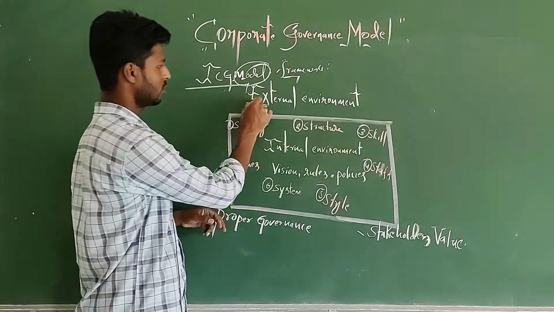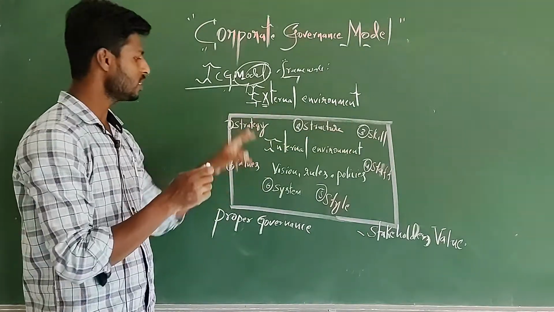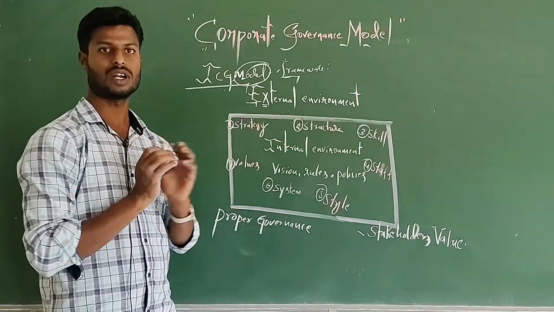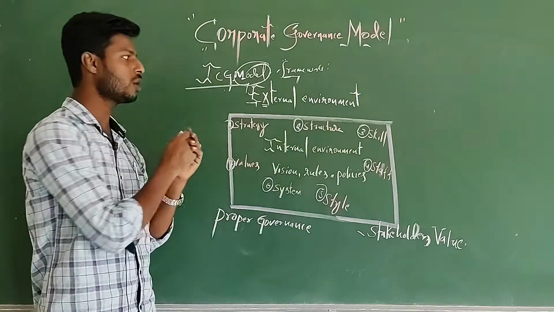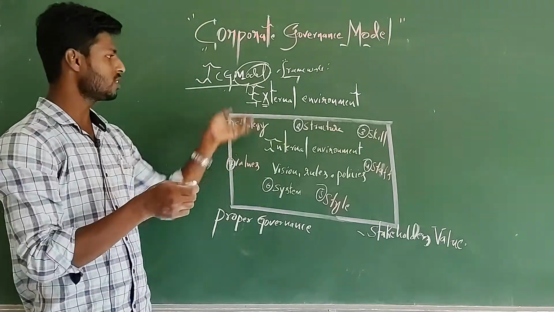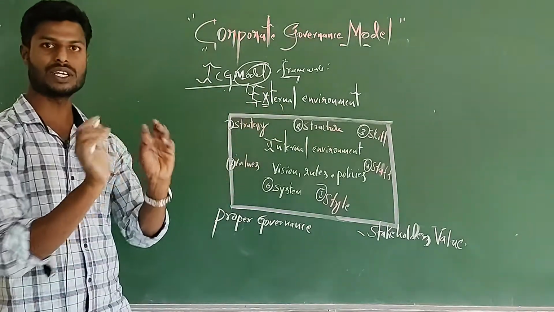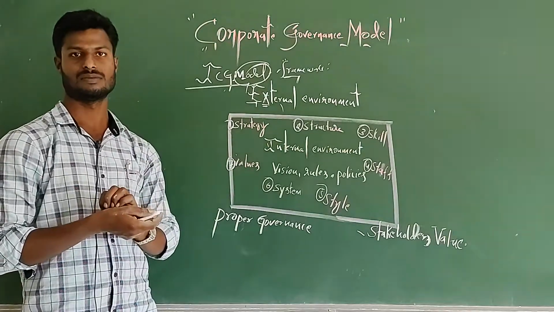So this external environment does not belong to the internal environment. It doesn't exist in the organization. Within the organization, in day-to-day activities, we see the impact or influence of external factors, but we cannot see external environmental factors in the organization.